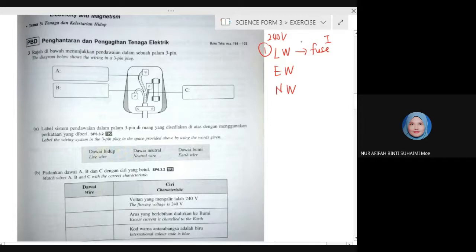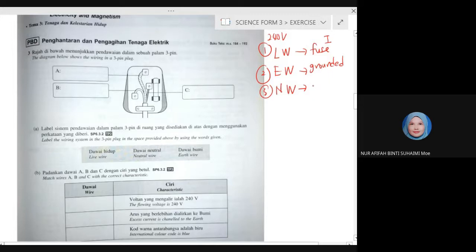Right? And then we have earth wire. This one will bring the excess current to the ground. Grounded. This is if there is excess current. And then the third one we have neutral wire. What is the function of neutral wire? To return, bring the current back to the substation.